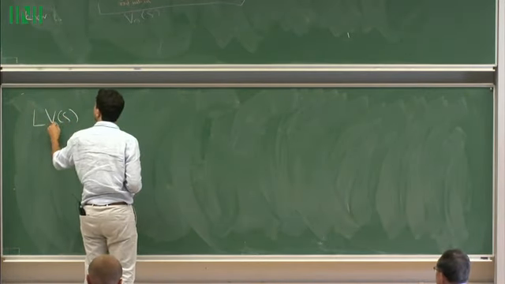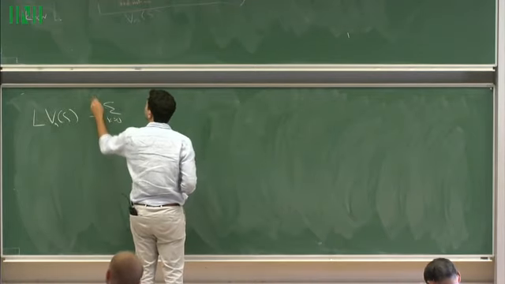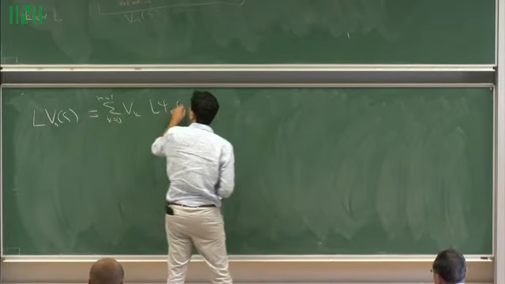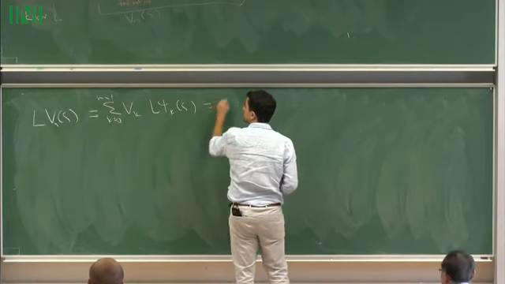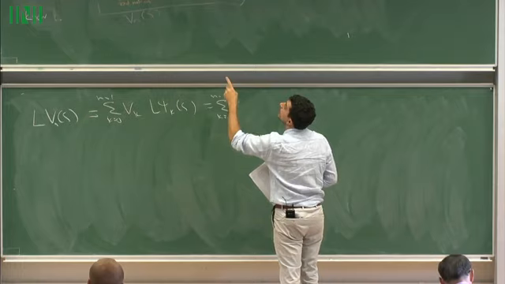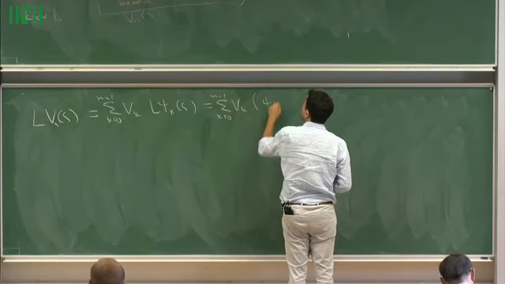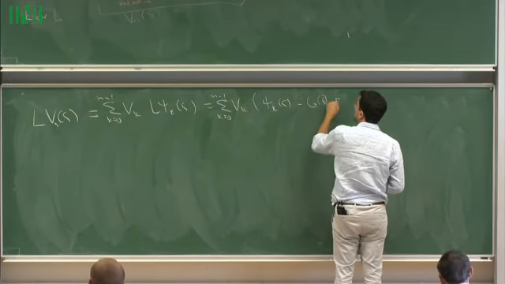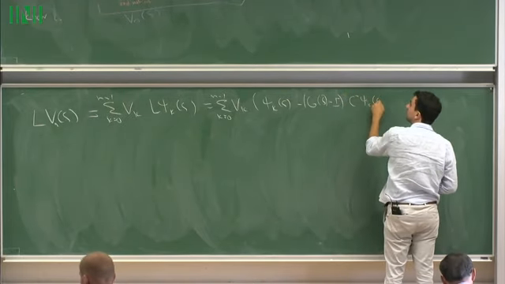So we know LV of s, which is just the sum from k equals 0 to m minus 1 of v_k L psi_k of s. Well, this is just the sum from k equals 0 to m minus 1 of v_k times psi_k of s minus g of s minus I, C minus psi_k of s.